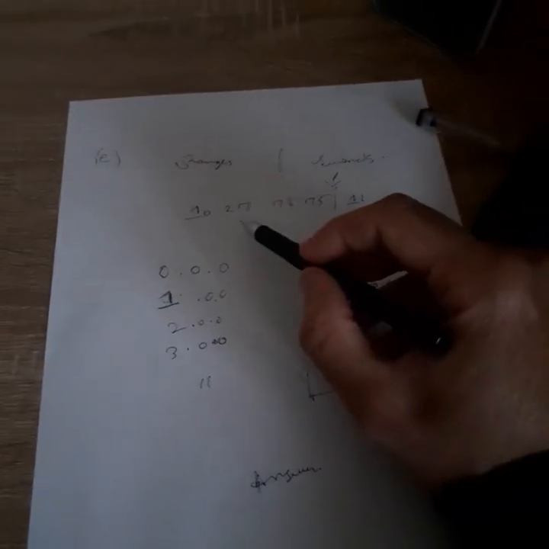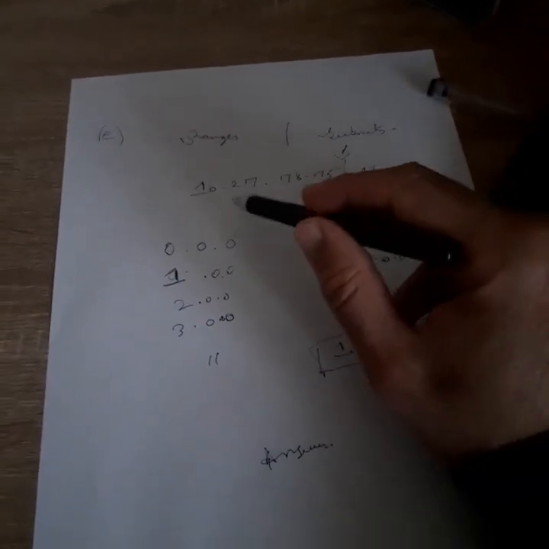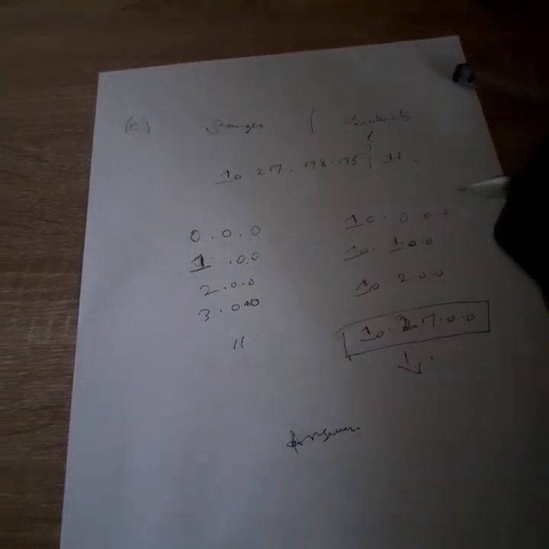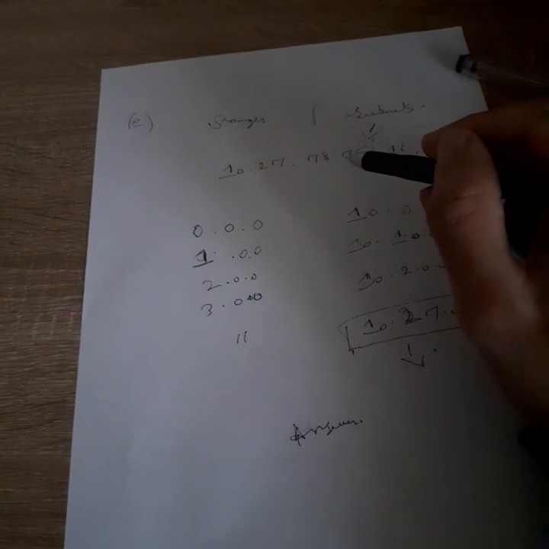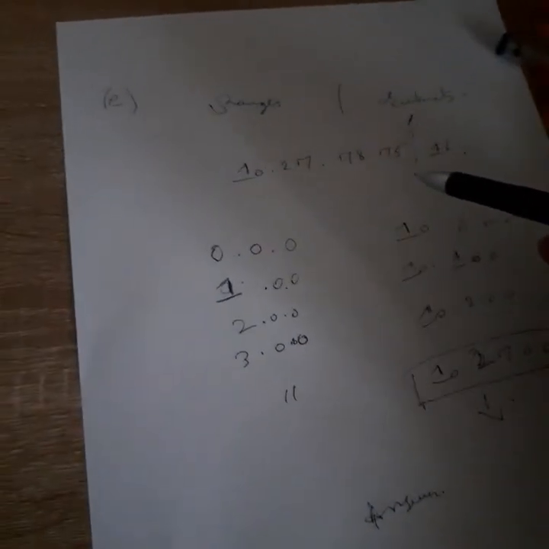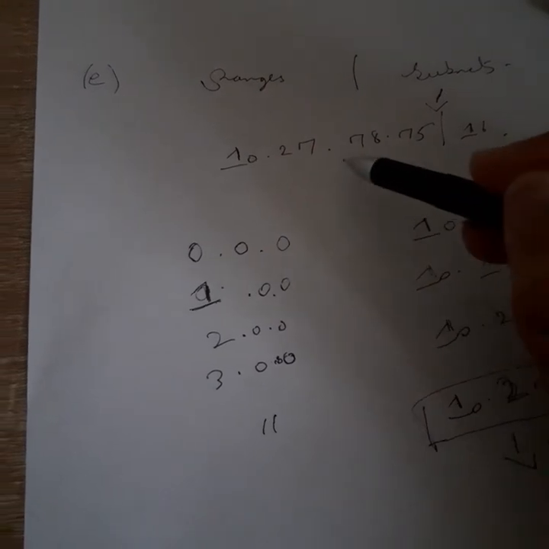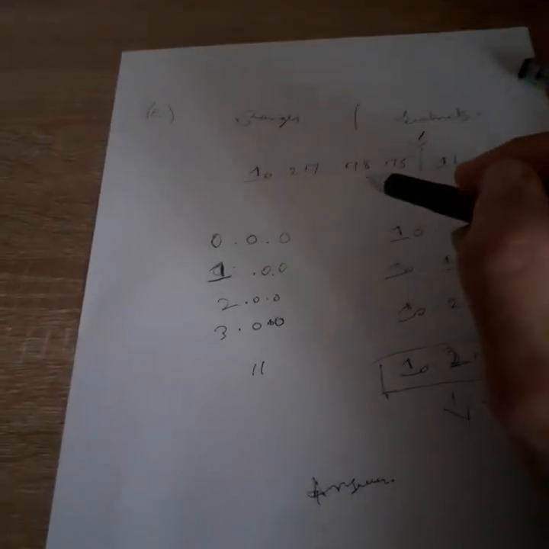Because we were looking for the subnet, 10.27.0.0 was our subnet which we were finding, and then that's 78.75, which is part of the addressing scheme.